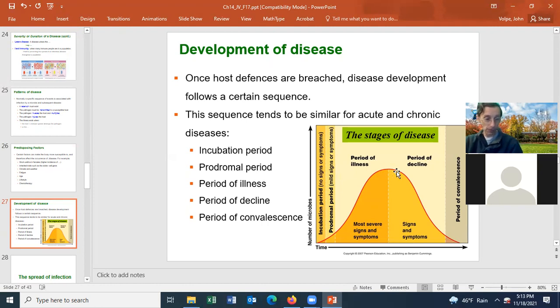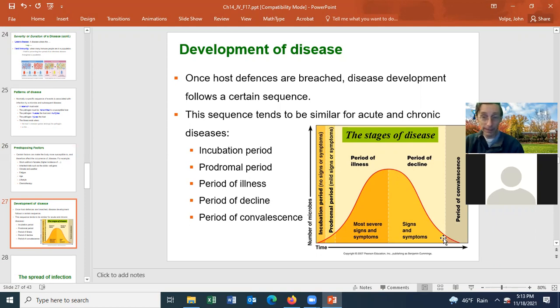On something like a cold and the flu, it would probably be when your nasal drippage starts thickening and becoming less frequent, when you start feeling a little better. The period of decline is followed by the period of convalescence.